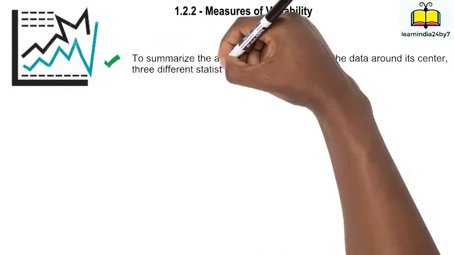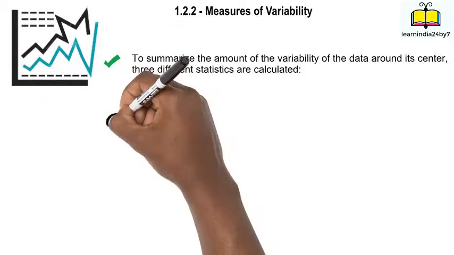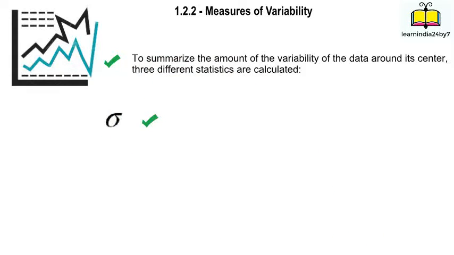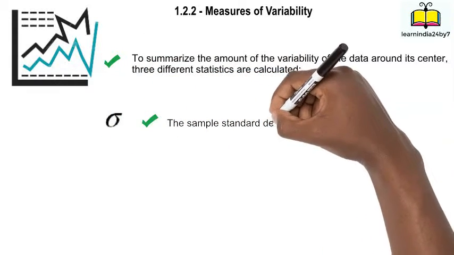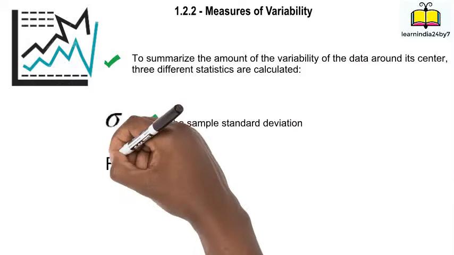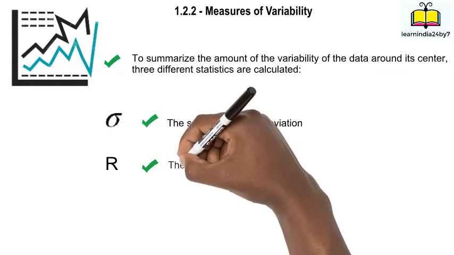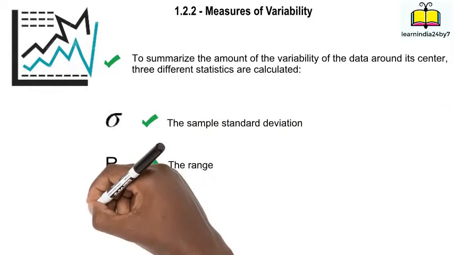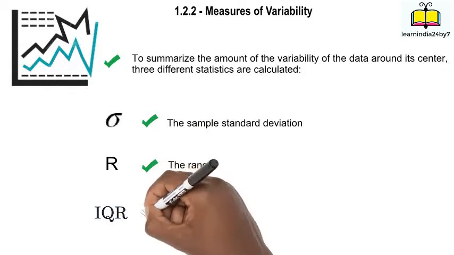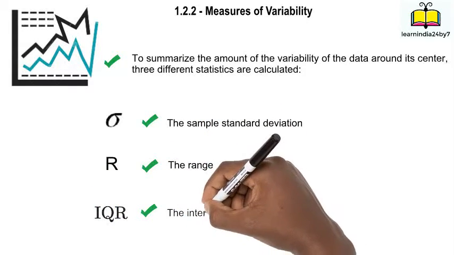To summarize the amount of variability in the data around its center, the three different statistics mentioned below are used: sample standard deviation, the sample range, and interquartile range.